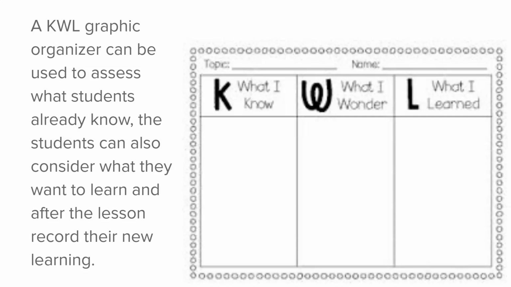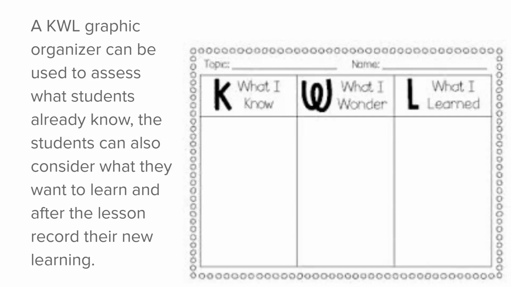Okay, so another way to activate their background knowledge, or you might hear the term prior knowledge, they might already know some things about what you're teaching. And so you could always use a KWL chart to find out what the students already know, and then what are they curious about?